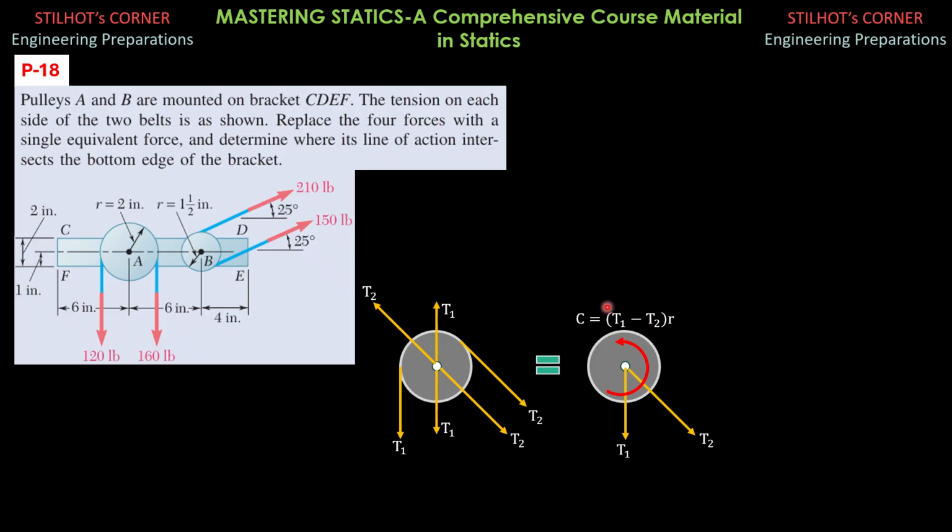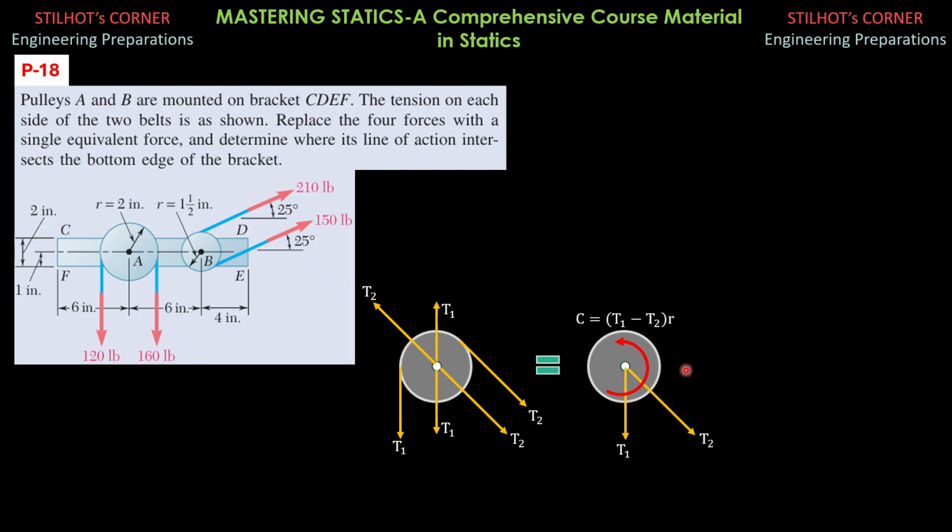That is T1R counterclockwise minus T2R clockwise. So that's why we have here the net couple, and it can be applied anywhere by the principle that the couple may be shifted to any point on its plane. So I'll just put it at the center.